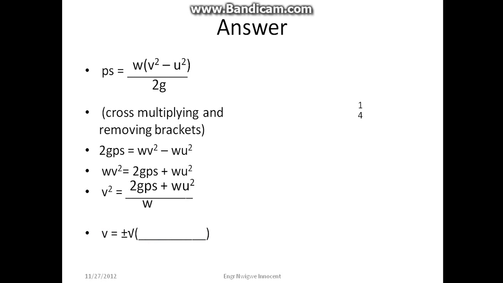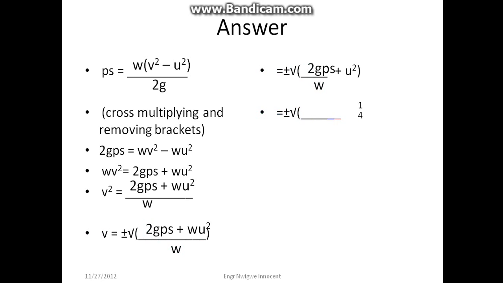Then we will now have plus minus square root of in bracket 2gPS plus WU squared all over W. So after making V the subject of the formula, we have gotten it to be plus or minus square root of in bracket 2gPS plus U squared close bracket all over W.